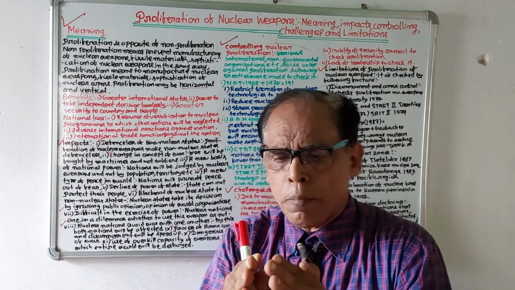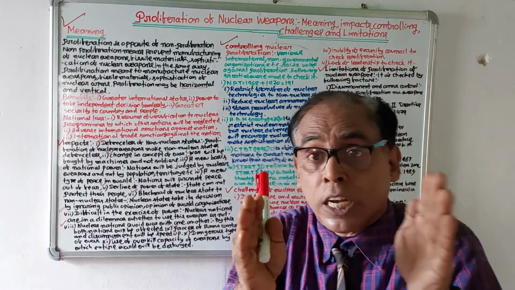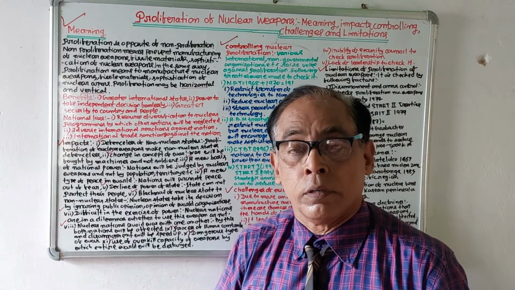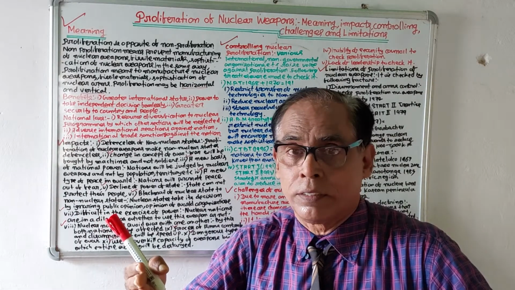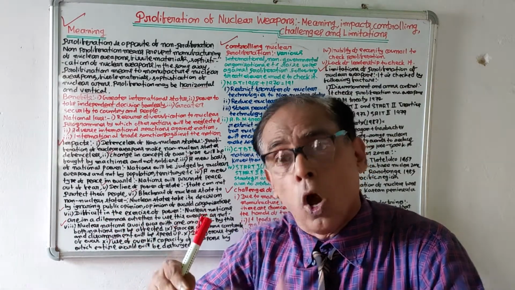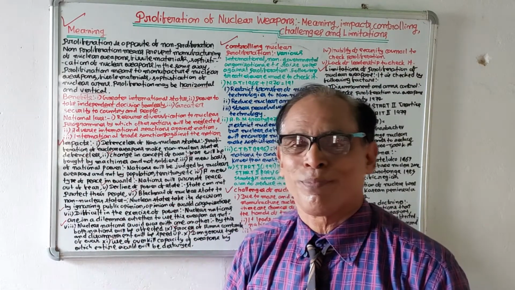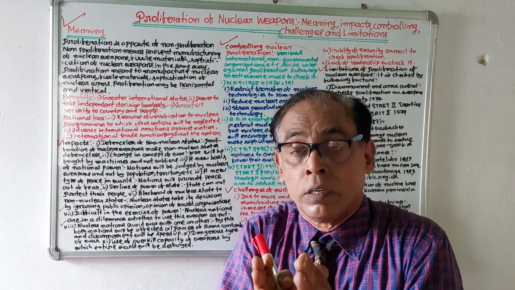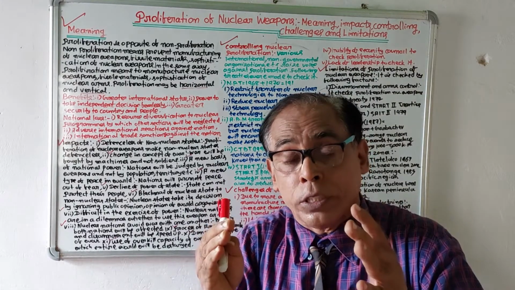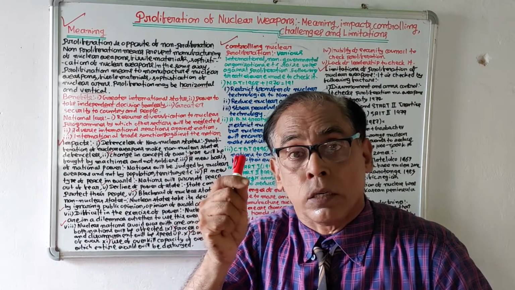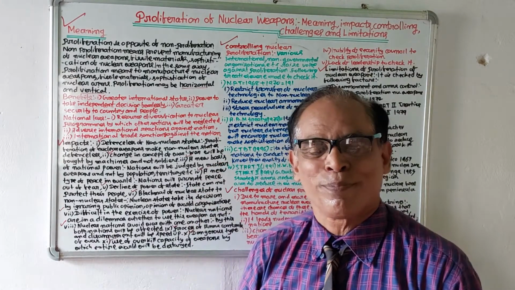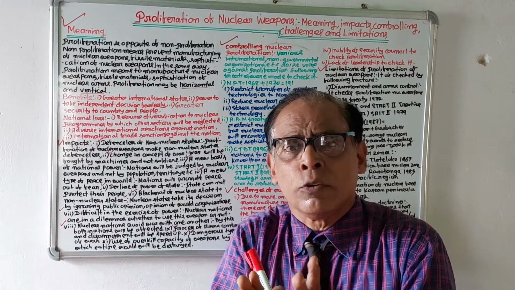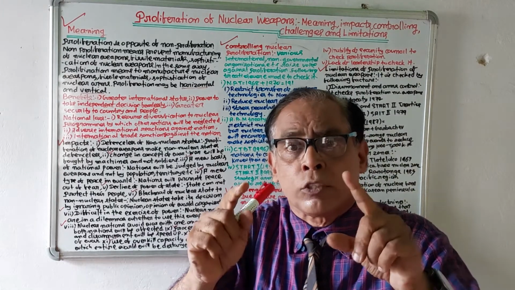Let us start. What is proliferation of nuclear weapon? Human beings have developed a lot of technologies. But among these technologies, nuclear technology is a vital technology. And nuclear technology is like a blade which has two edges.